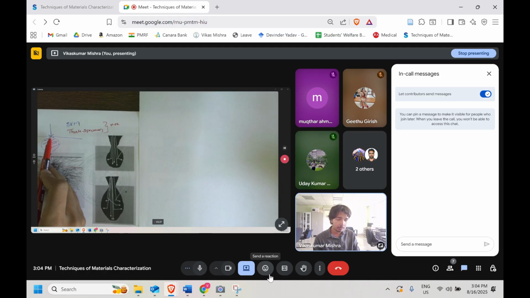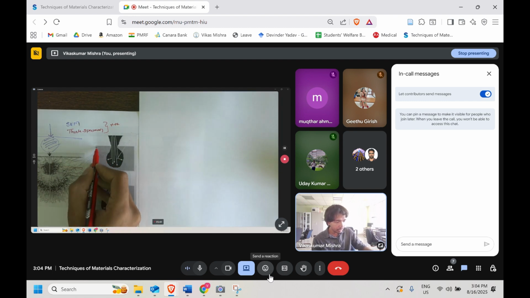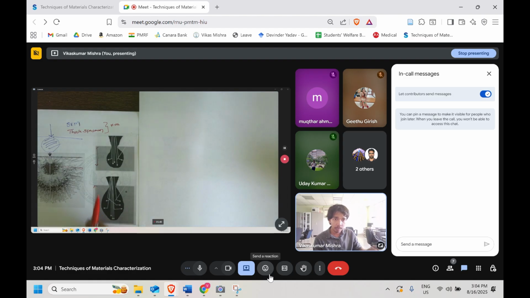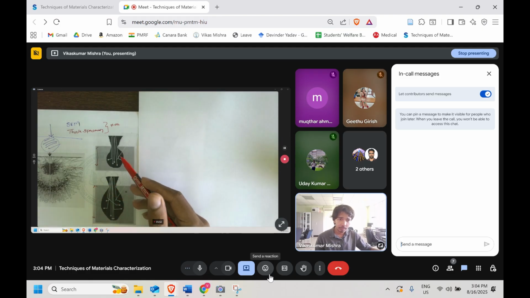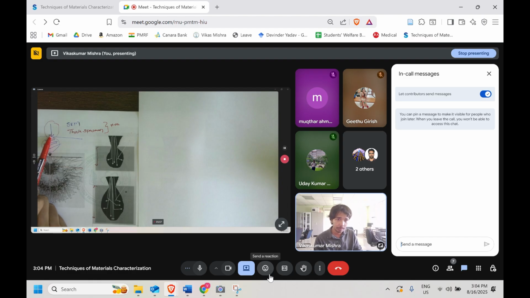The electron came, interacted with the specimen and created a volume. In the first case, the interaction is this much. In the second case, the interaction is larger. What we are varying over here is the energy of the electron beam, that is, with what energy the electron beam is coming.